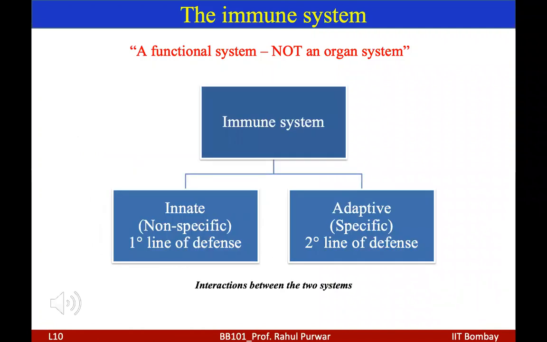The immune system, as I said, is a functional system and is mainly made up of two different categories. One is the innate immune system, another is the adaptive immune system.